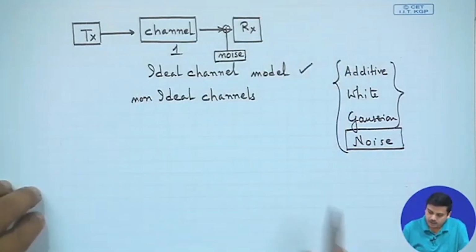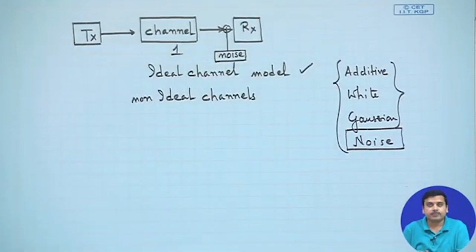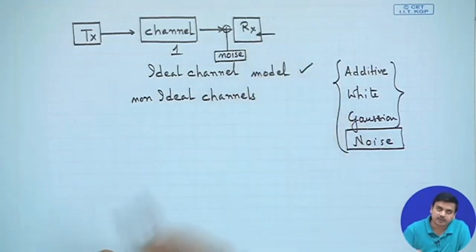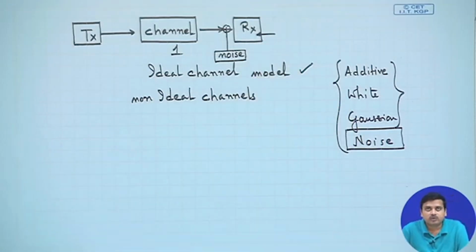So, for this kind of situation, which is quite idealistic, we would like to design a receiver under that condition. One would question what is the point of discussing such a system where the channel is non-distorting, there is no effect of the channel and there is only noise.